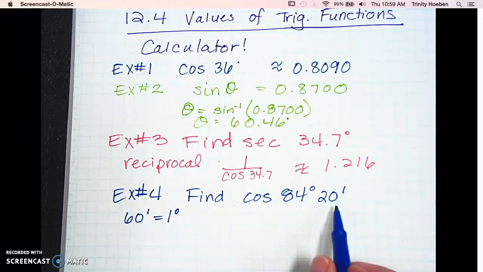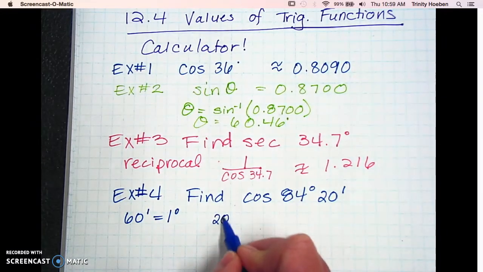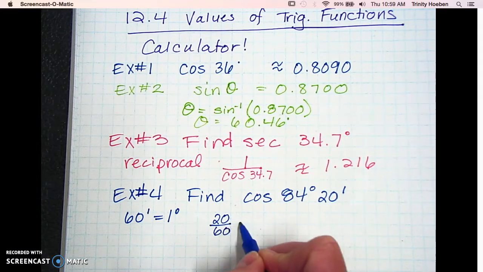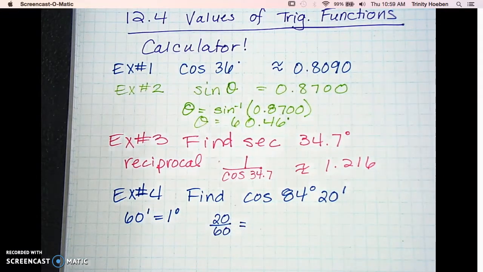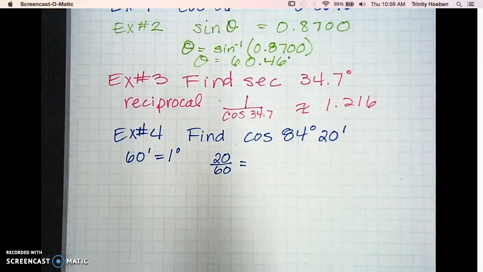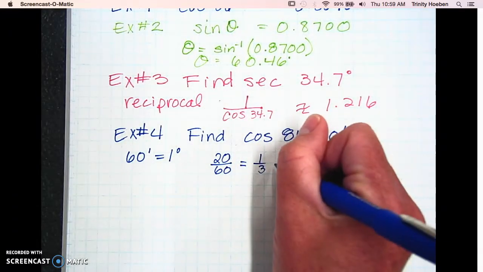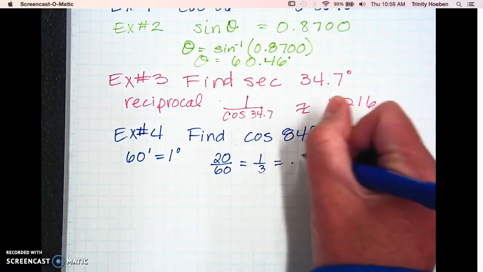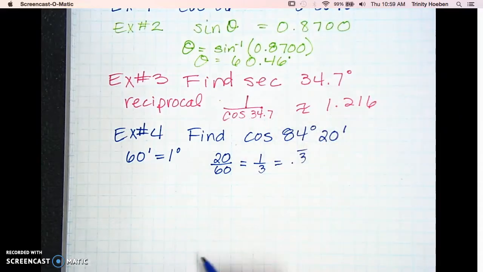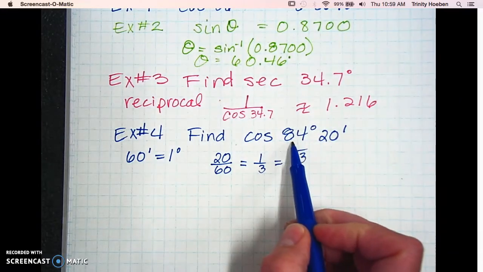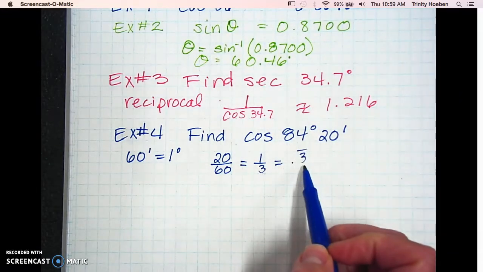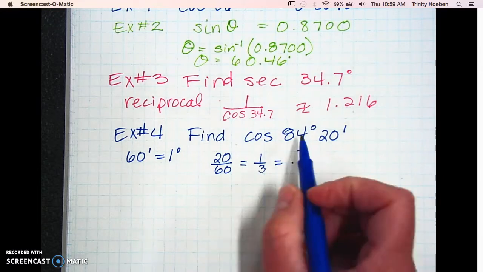Basically you want to take the 20 and divide it by 60. This one actually reduces to 1/3, which as a decimal is something like 0.33333333. So we've got 84 point, and then a bunch of 3's.